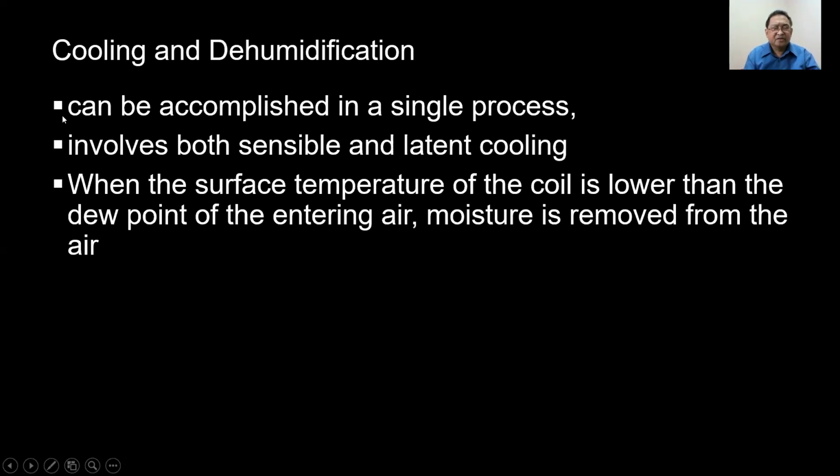Cooling and dehumidification can be accomplished in a single process, and it involves both sensible and latent heat cooling. When the surface temperature of the coil is lower than the dew point, take note, of the entering air, moisture is removed from the air. So you cannot remove moisture unless the temperature of the coil is lower than the dew point of the entering air.